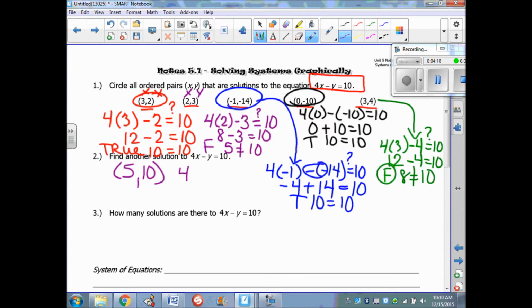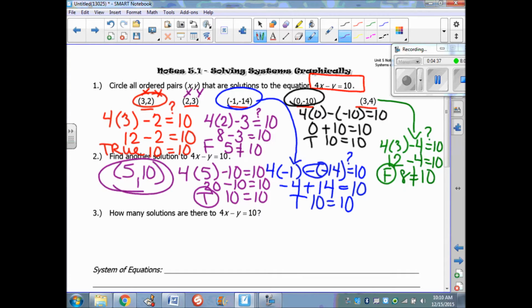So 4 times 5 minus 10, does that equal 10? 20 minus 10 equals 10. Holy smokes, found another solution. That's true, so that's another one that works.